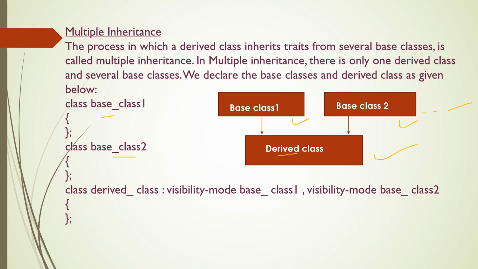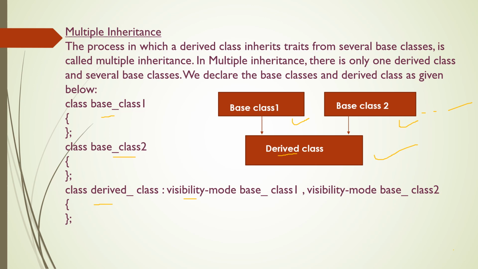Existing classes will be created individually, and then while creating the derived class, after the colon we will use the access specifier, then the class from which we are inheriting the properties, that is the class name, and after a comma we can in the same way write another base class name also.